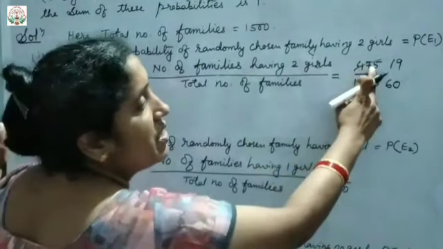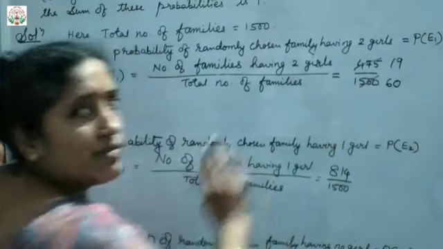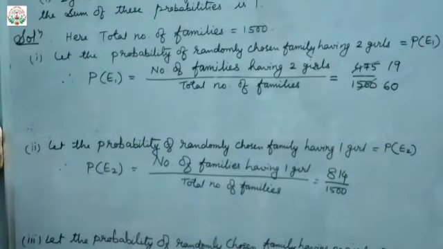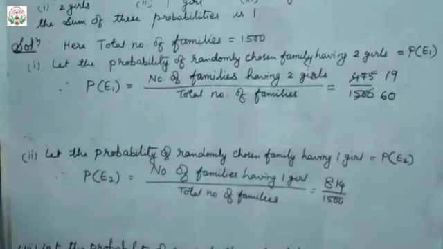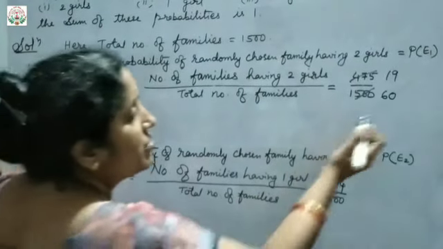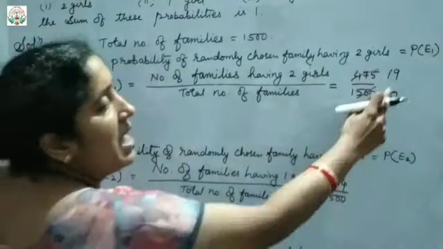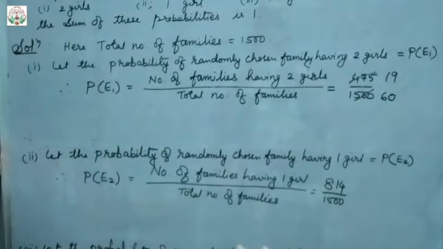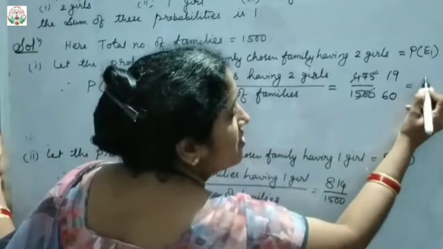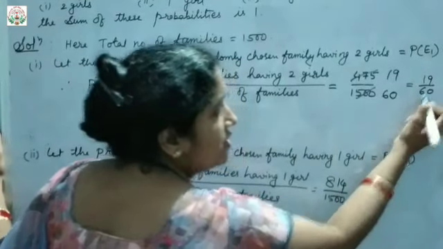Since 19 is a prime number, it is not divisible further, so we leave the fraction as 19 upon 60.